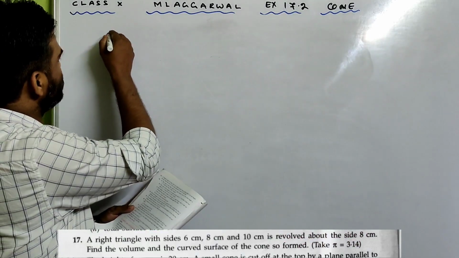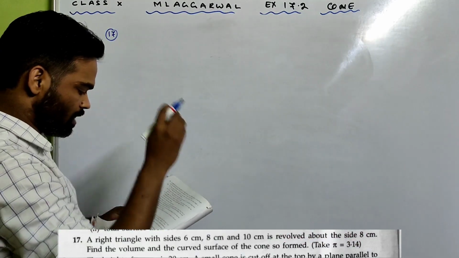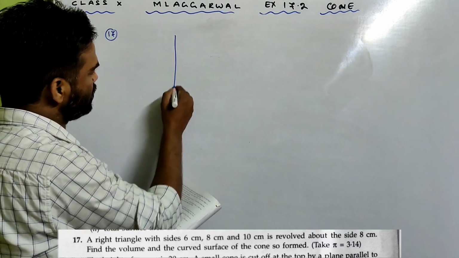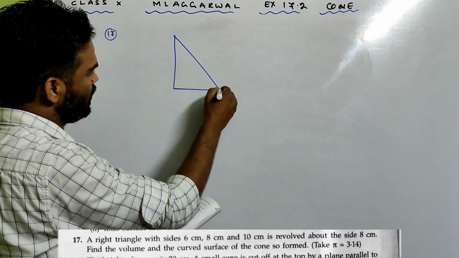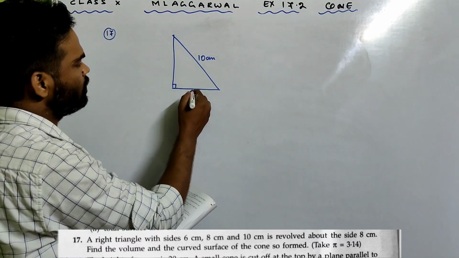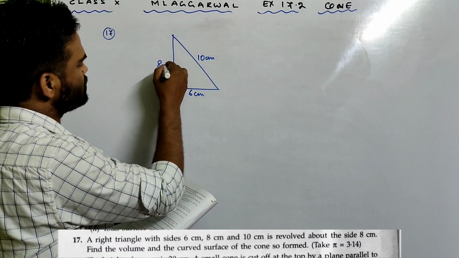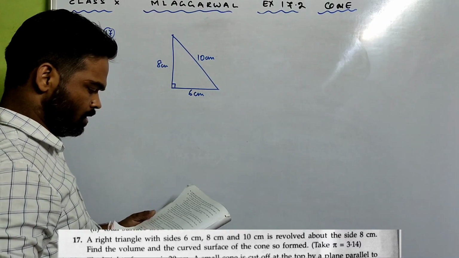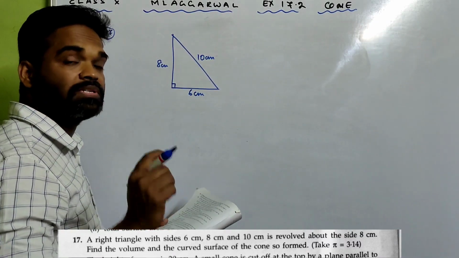Look at number 17, what they have told. A right triangle with sides 6 centimeter, 8 centimeter and 10 centimeter. So hypotenuse has to be the greatest one. The triangle with 6 centimeter and 8 centimeter is revolved about the side 8 centimeter.